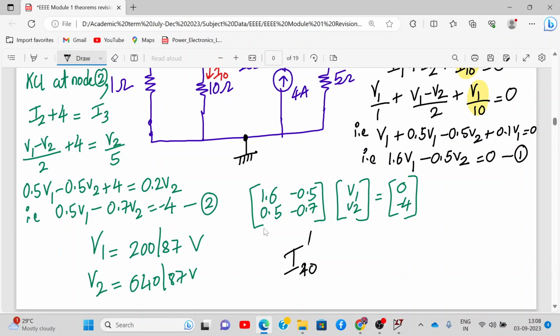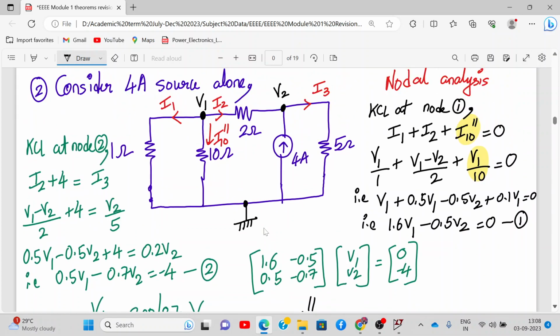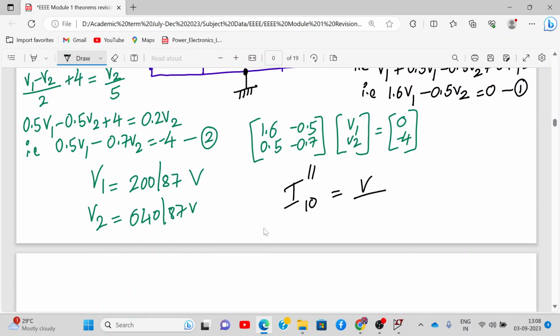Let me write this properly: it is V1 upon 10 ohm. Current is voltage divided by resistance. And what is V1? 200 by 87 divided by 10. So just calculate this, the 10 will cancel out. Tell me the answer.